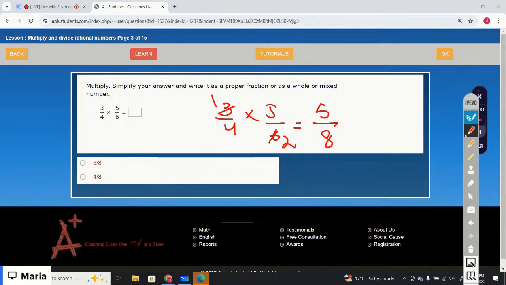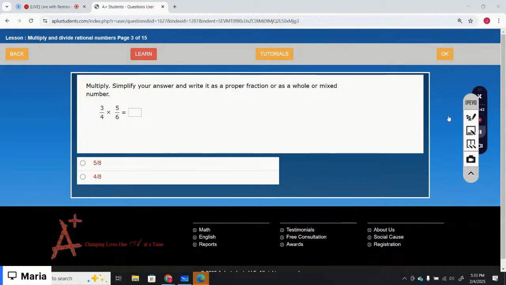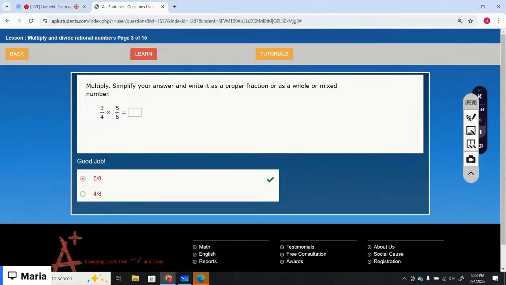So that is 5 over 8. Option number 1 is the correct option.